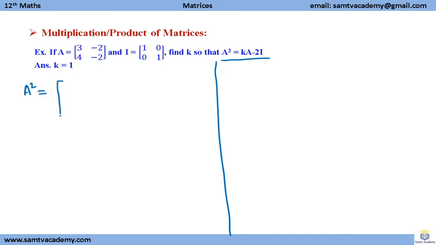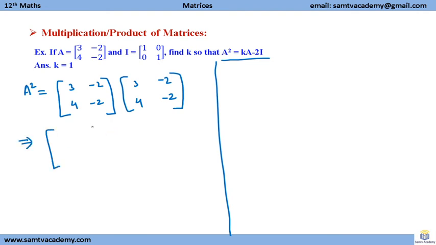So A square will be 3 minus 2, 4 minus 2 into 3 minus 2, 4 minus 2. After solving this, we will get a 2 by 2 matrix only, because this is a square matrix. So 3 threes are 9, minus 4 twos are 8.